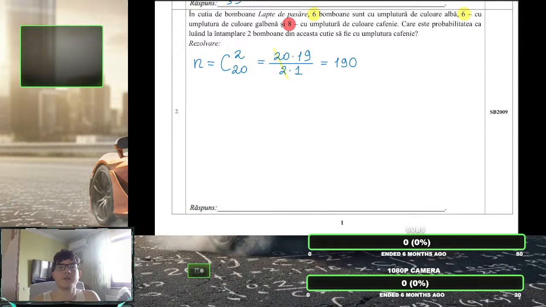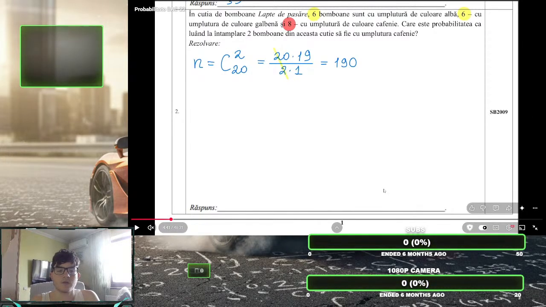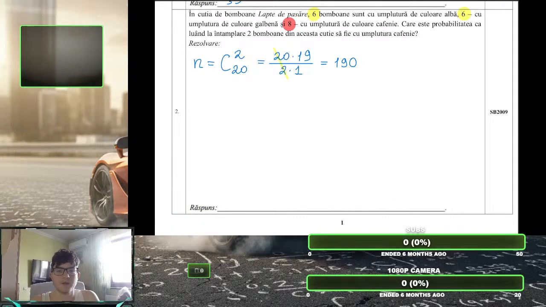Now we calculate the m. So, calculating the m. Thinking about this. It's pretty much the same as before.